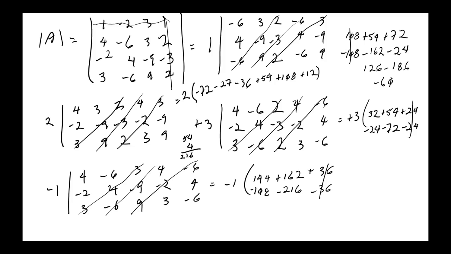Then we got a plus 2 times, open parentheses, and I'm just doing these because I didn't want to do them in my head. Negative 72 minus 27, minus 36, plus 54, I hope that is, plus 108, plus 12. Close parentheses.